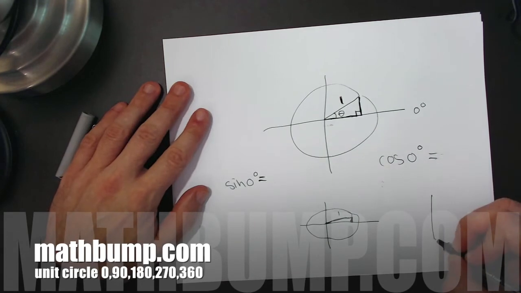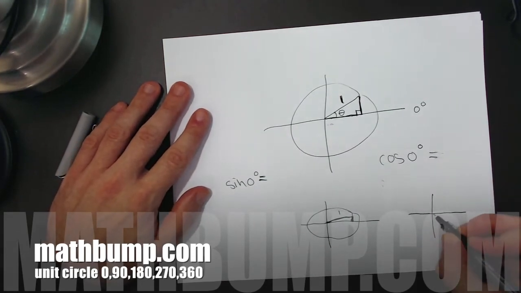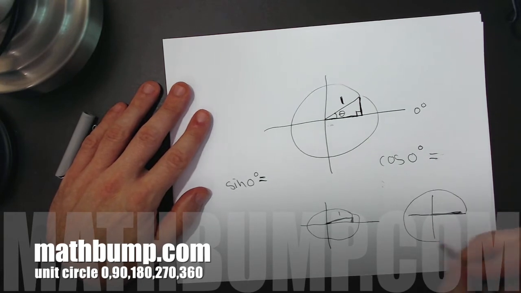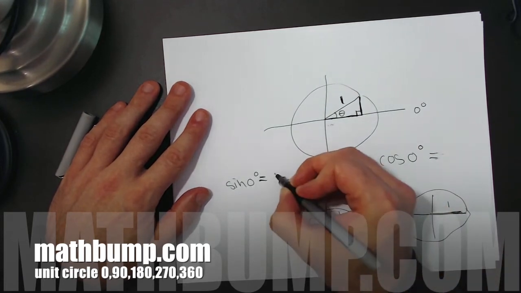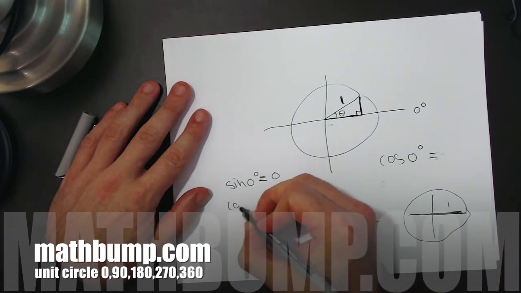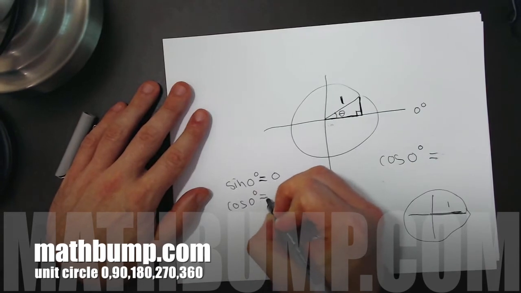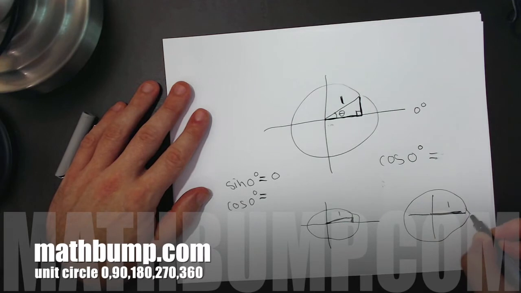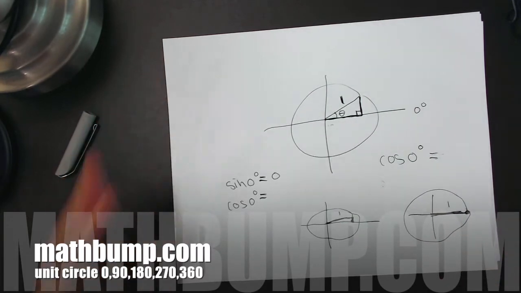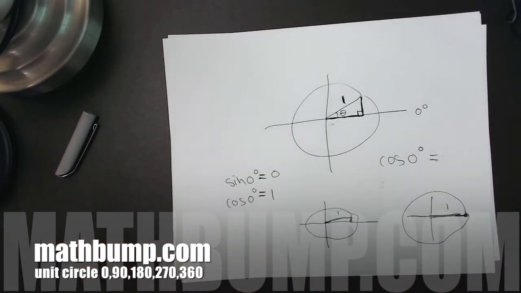To the point where when we actually have an angle of 0, we're not going to even have a triangle. We're just going to have this line that goes here. So what happened to this? Well, it became 0. And what happened to this part? Well, it keeps getting longer and longer until it actually reaches the end of the circle in the flat line of length 1. Okay?